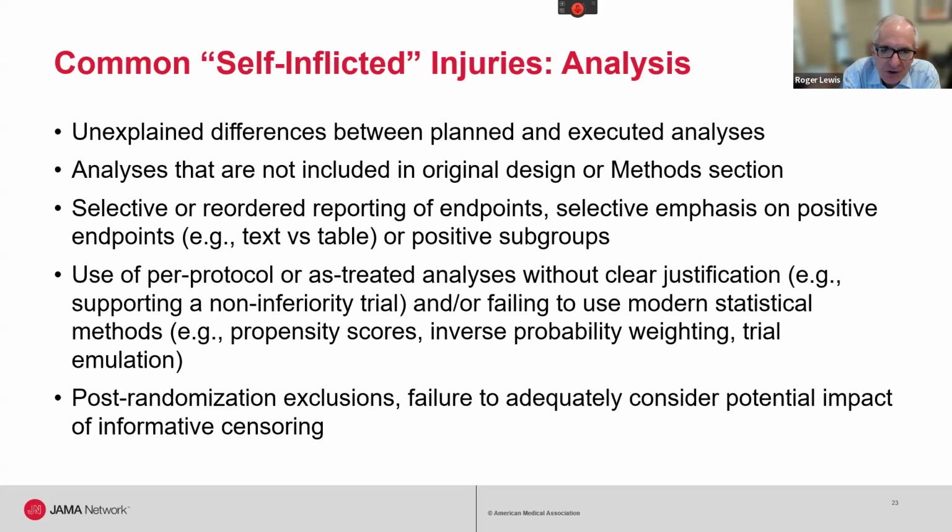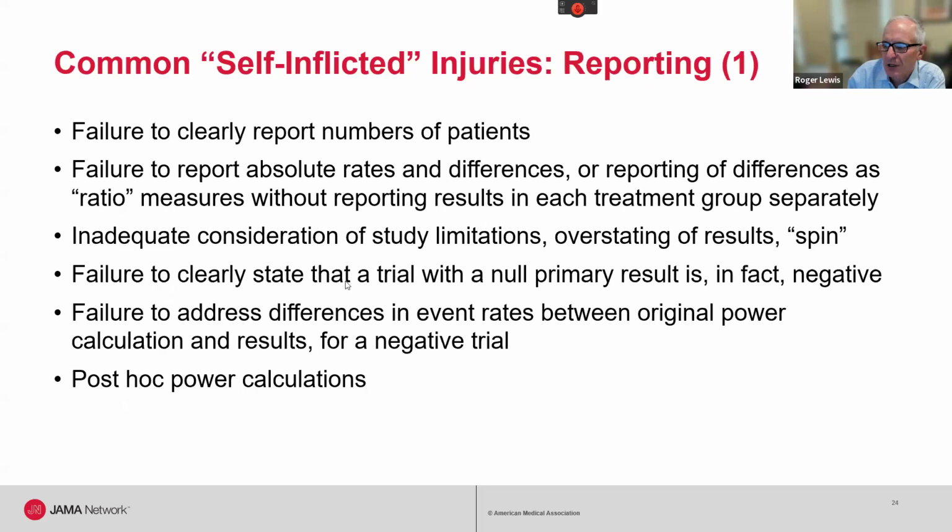Where we see that is where the data were from a randomized trial, but people are using those randomized data to evaluate the effect of a different treatment that was not the randomized treatment. That is an observational data set, even though it arose in an RCT, and you want to be using appropriate techniques matched to the observational setting. And then, as I mentioned before, post-randomization exclusions.